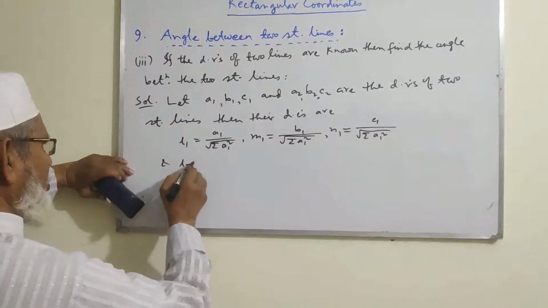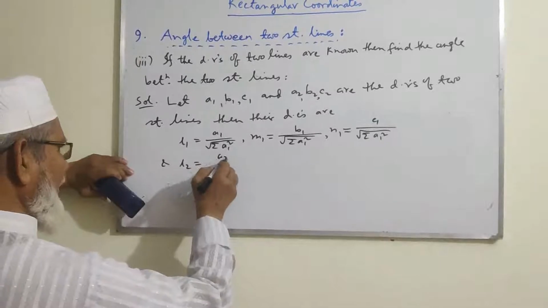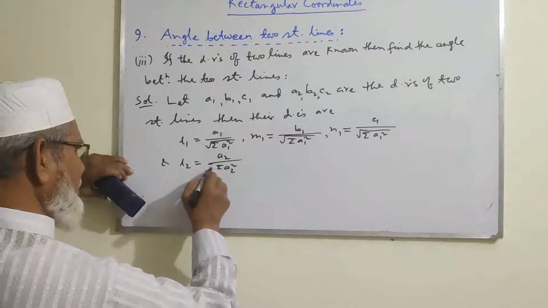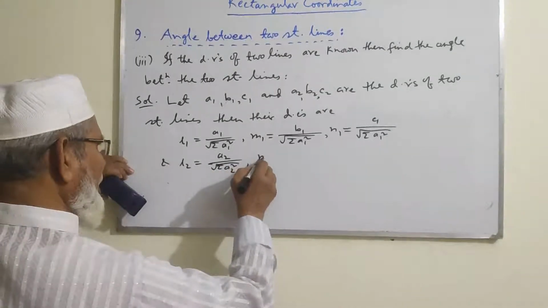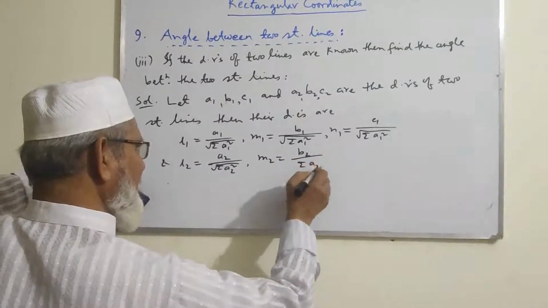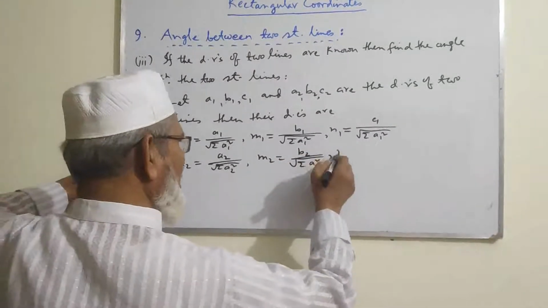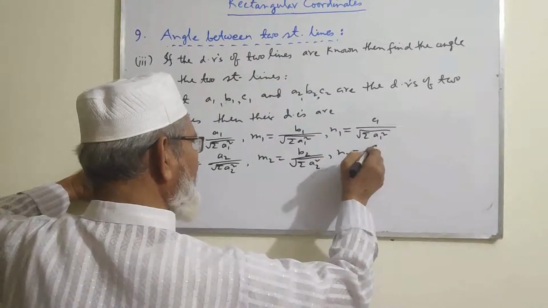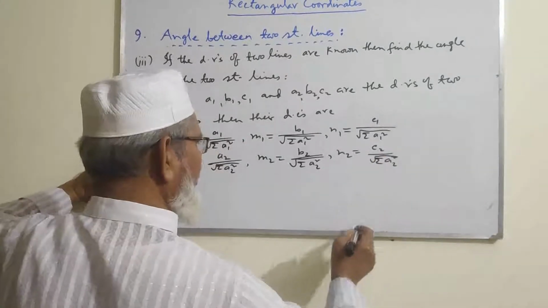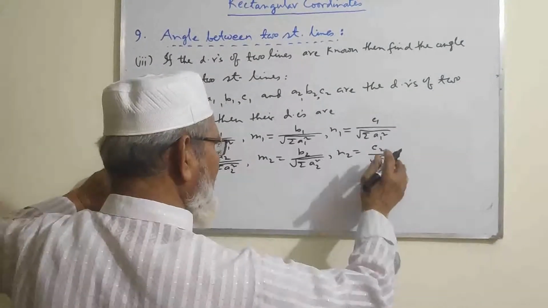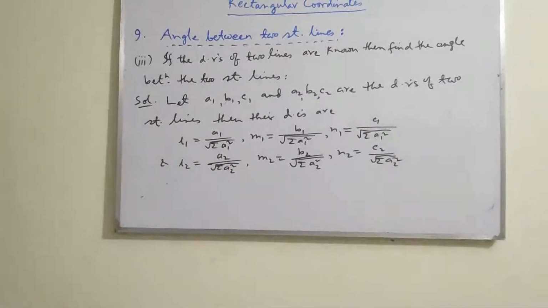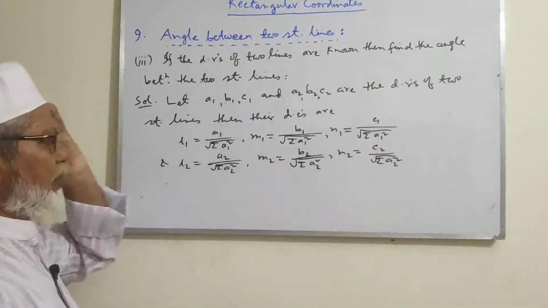Also l2 is a2 by summation a2 square to the power half, m2 is b2 by summation a2 square to the power half, n2 is c2 by summation a2 square to the power half. These three are the exact direction cosines of the lines.